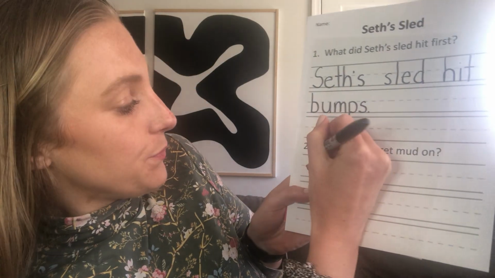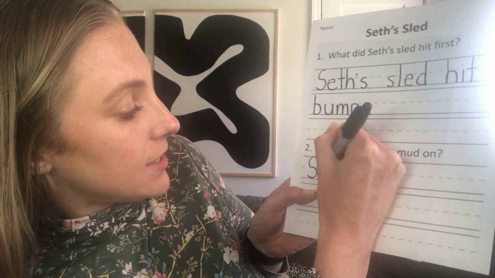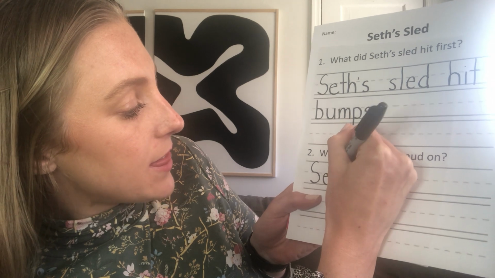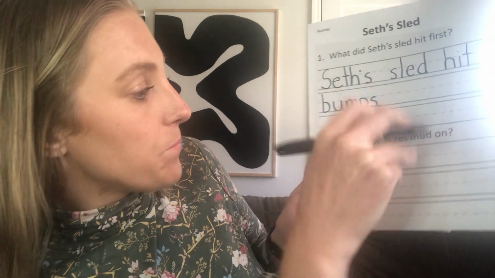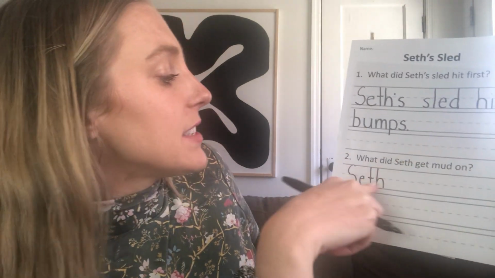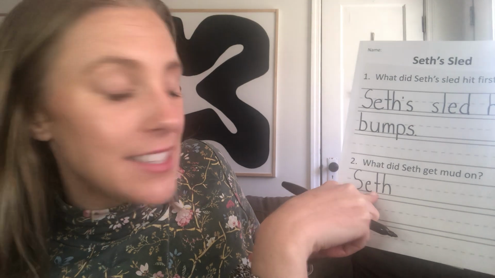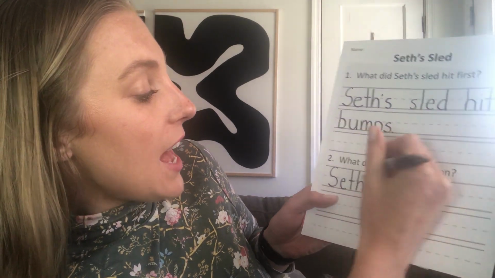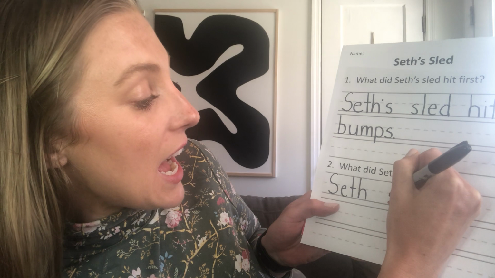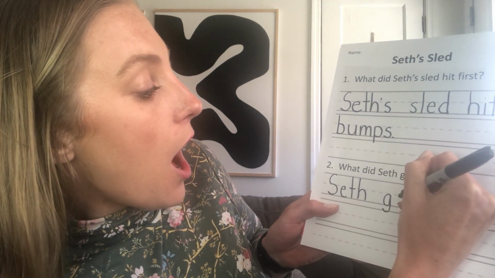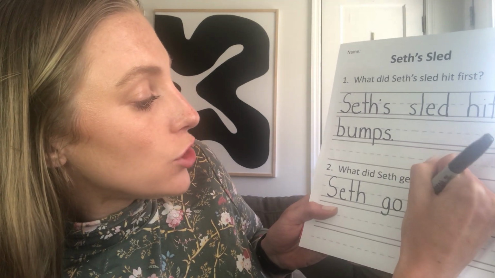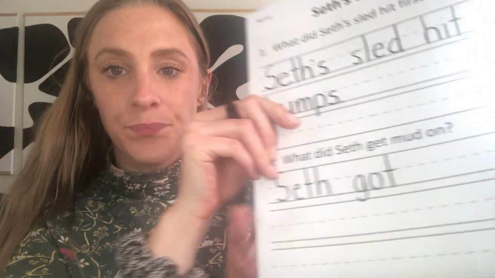So we will start to write this together. So what does Seth get mud on? Seth, capital S, Seth, and we don't want to say Seth get mud on, because it doesn't really make sense. So we have to say Seth got mud on. So Seth, finger space, got, g, got.